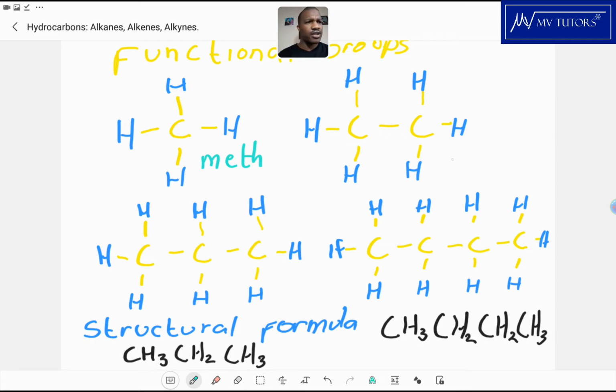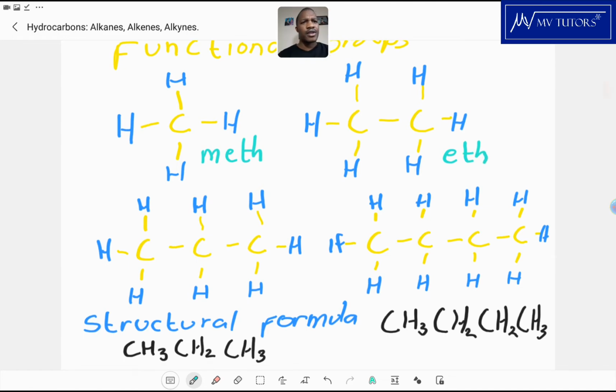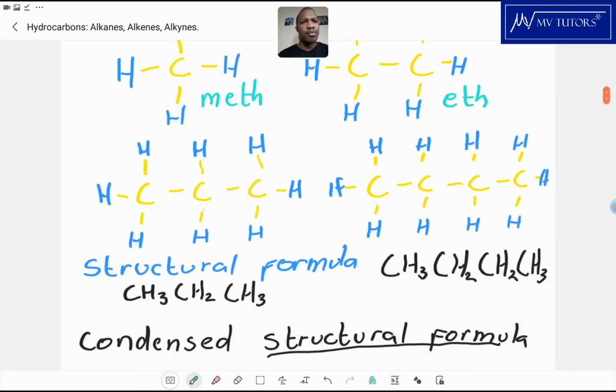If it's 2 bonds, then it's eth. 3 bonds, it's prop. 4 bonds, it's but. It's just naming. You can name it up to 10, 11, whatever.